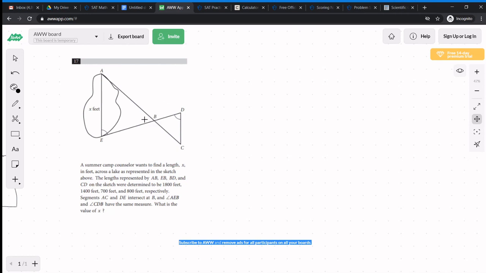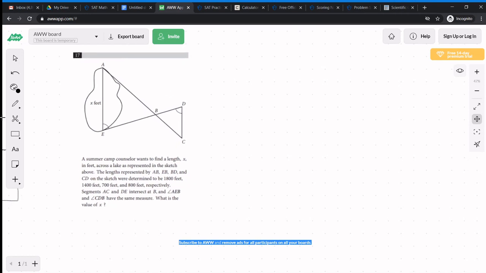We see 2 triangles already. We know about vertical angles, right? These 2 should be congruent. Basically, if you have 2 straight lines, when they intersect, these angles will be congruent, and these 2 angles will be congruent.